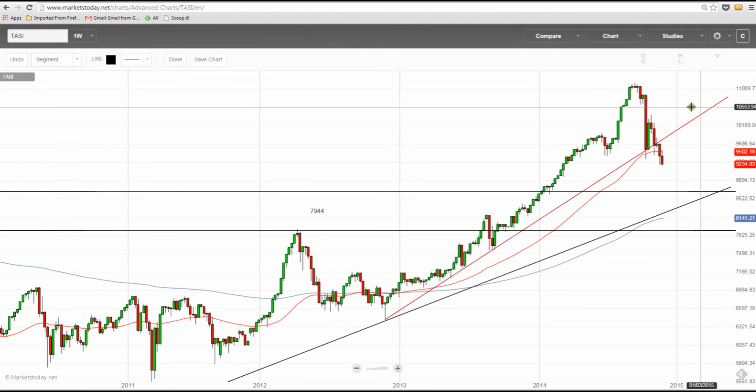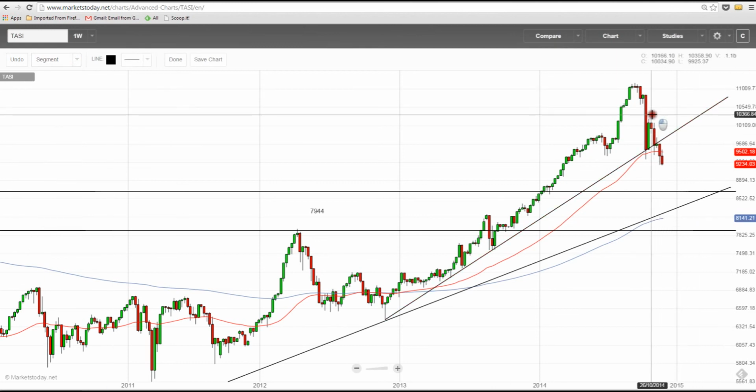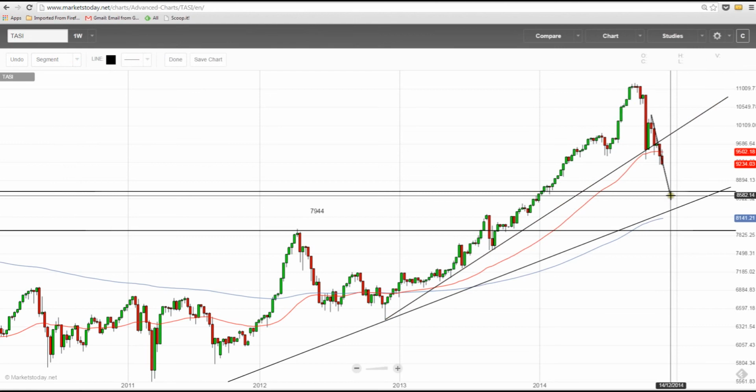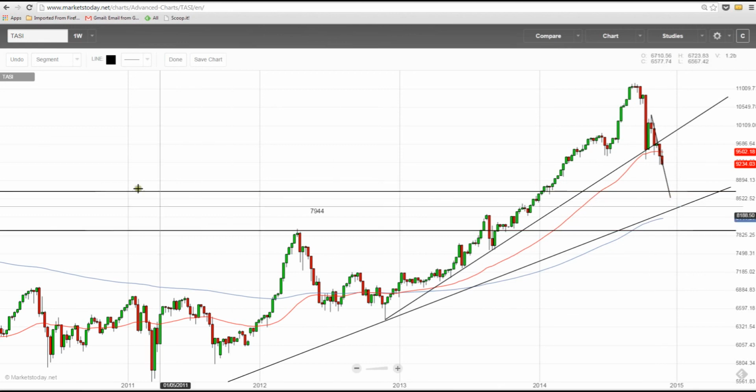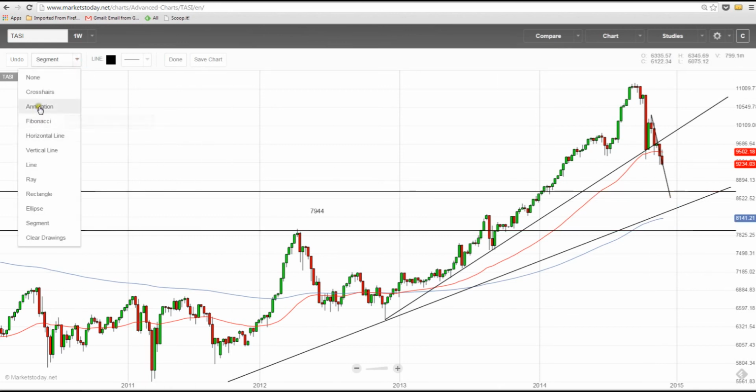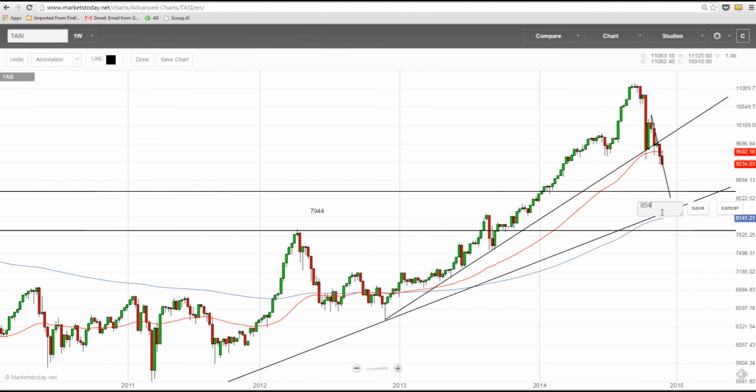So I'm going to go back to my segment tool and draw that in there down to 85.40 approximately, which comes in right here. I'll put that into annotation, and that marks where my CD leg matches the AB leg by 100%. So now we have a few levels to watch on the way down.